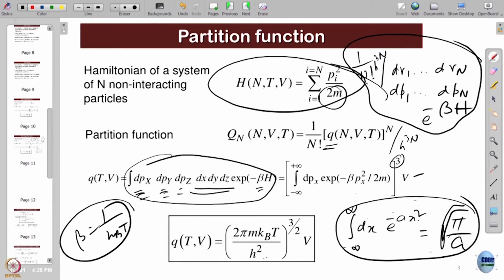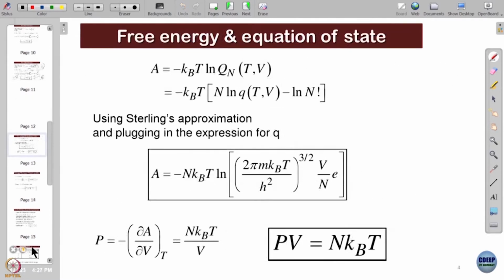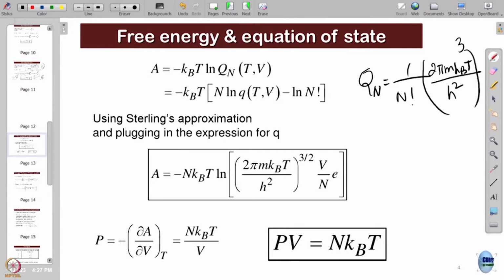So, we can now go back and construct the next partition function. Now we have the partition function Q_N, which is 1 over N factorial, and then 2 pi m kBT by h squared, to the power 3N by 2.